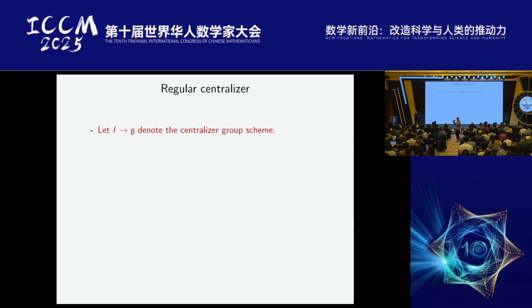Let 𝔤 be the Lie algebra, and let I be the centralizer group scheme. That means for every element in the Lie algebra, I look at its centralizer. This is not a very nice group scheme. It's not flat: at 0 we have the whole group, and for a regular semisimple element we have the torus, whose dimension is the rank of the group.